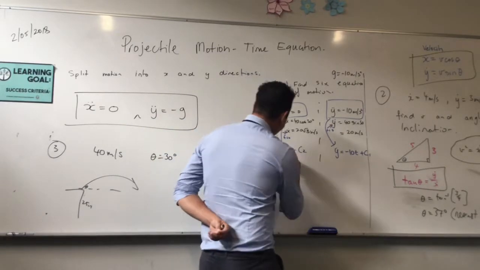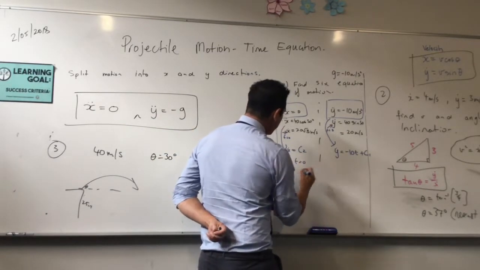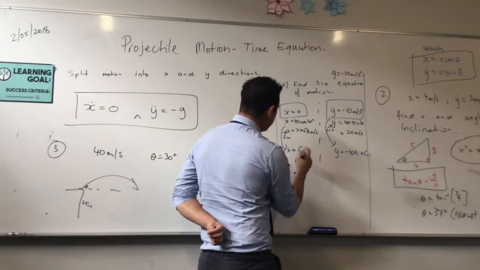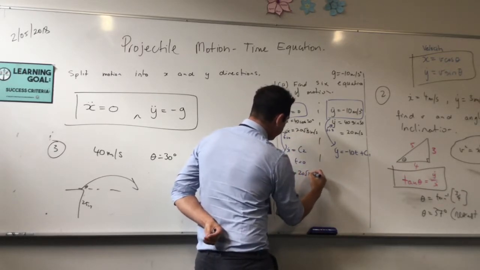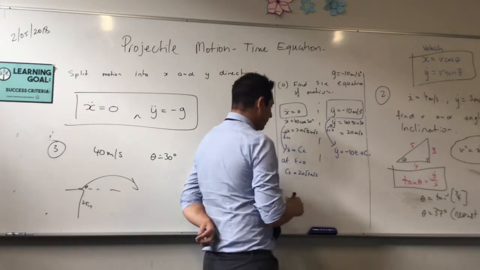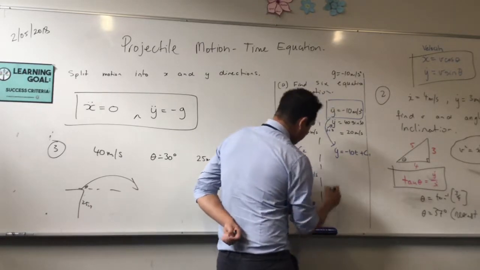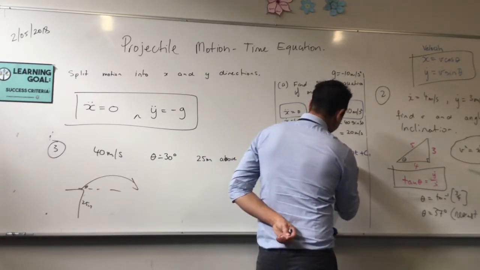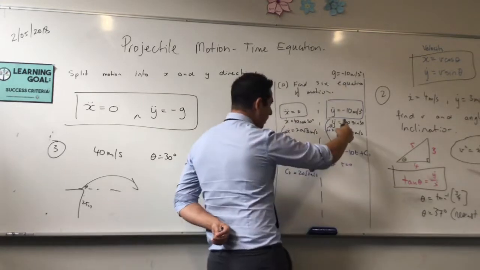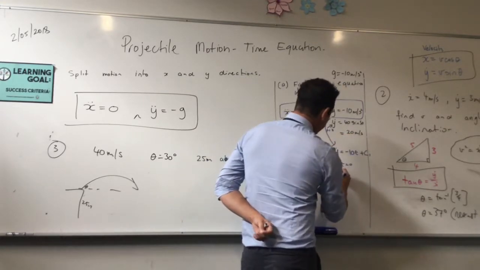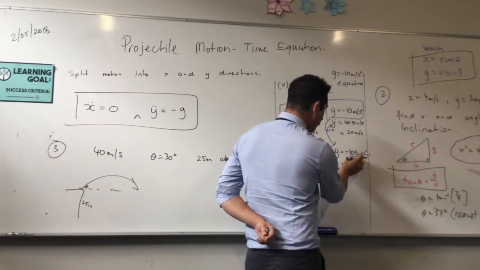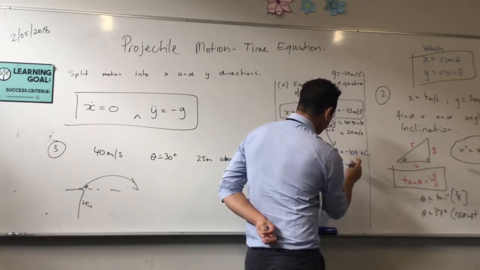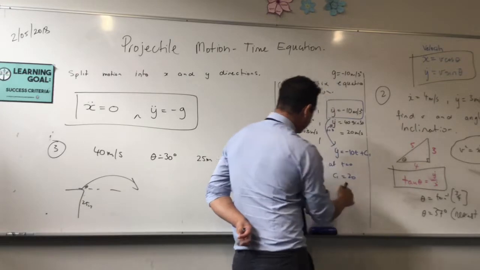So at t equals 0, c2 equals 20 root 3 meters per second. And here at t equals 0, we know that is 20, so c1 equals 20.